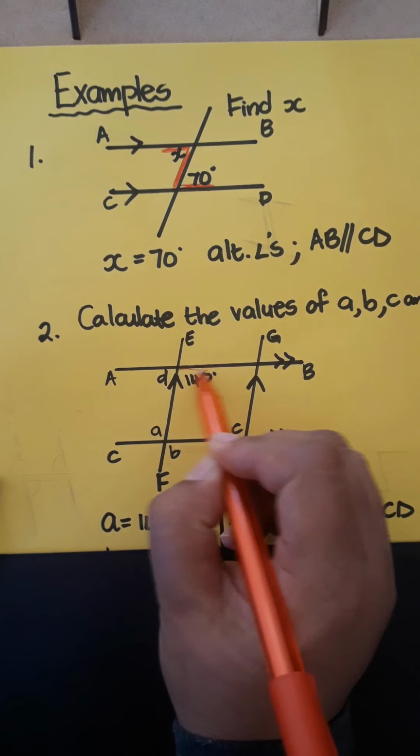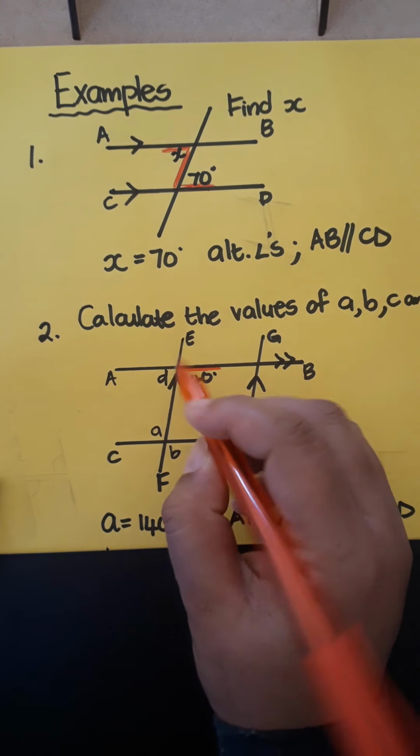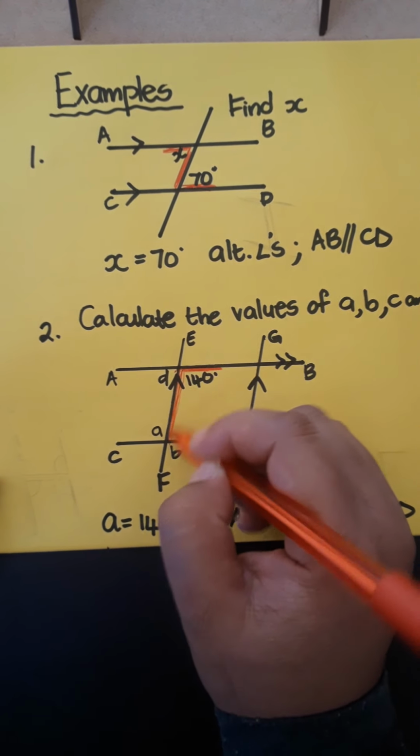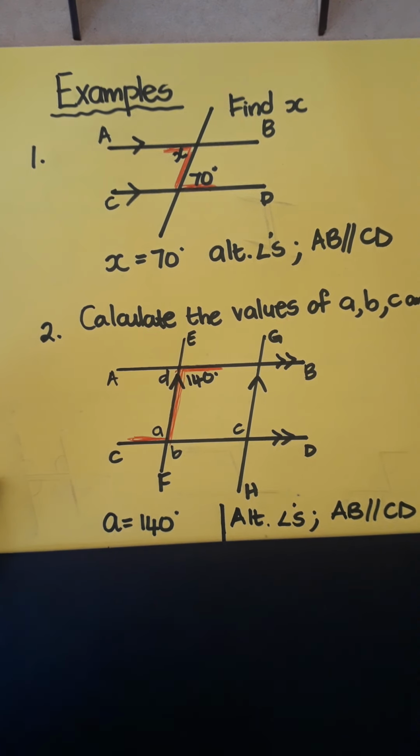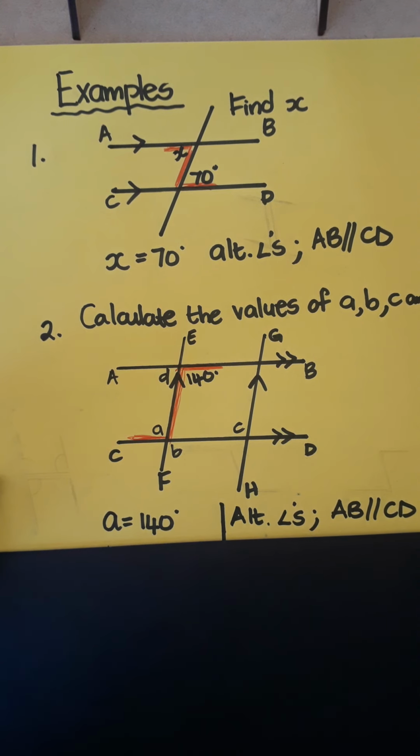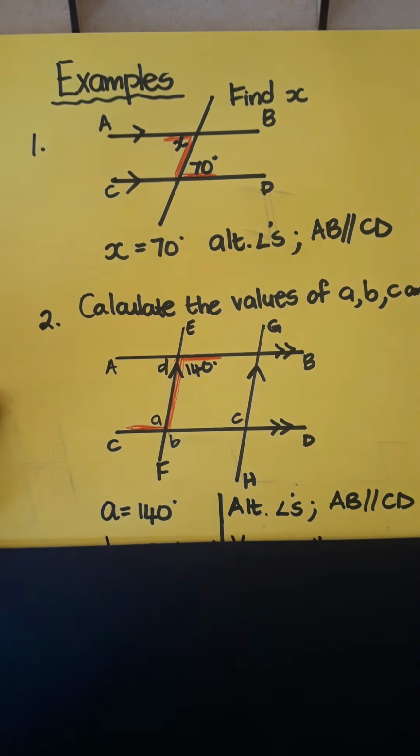That means that there is this angle, I'll color it in. Can you see that back to front Z? A is equal to 140 degrees. Alternate angles, AB is parallel to CD.